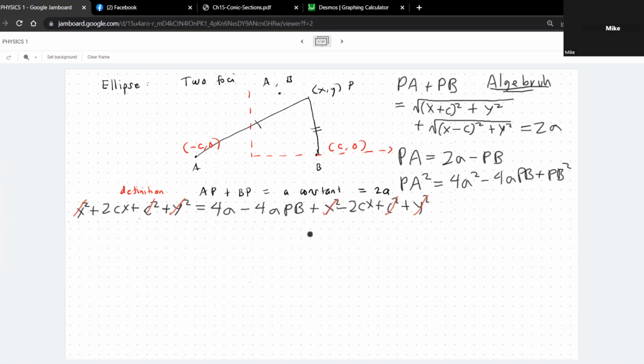C square will cancel. Y squared will cancel. Tapos, so let's do this step by step. So 4a times PB is equal to negative 4cx, no? Plus 4a.